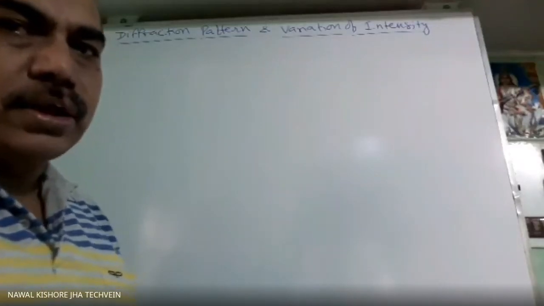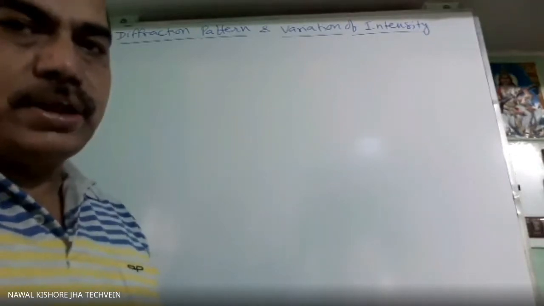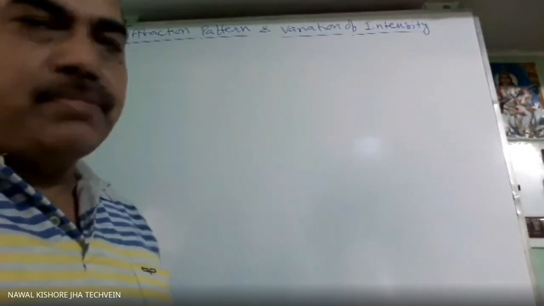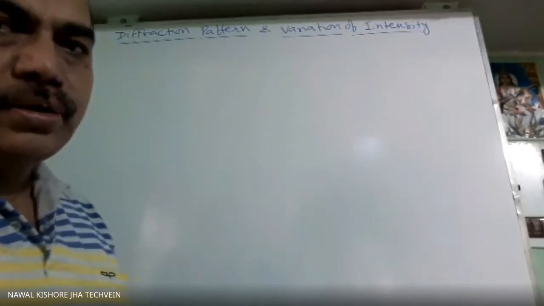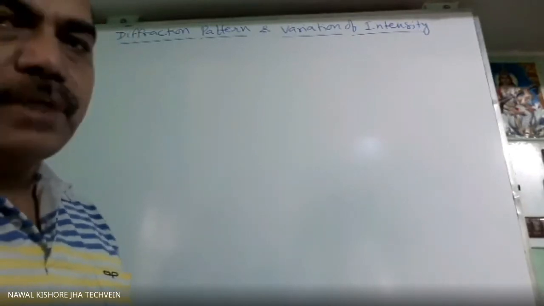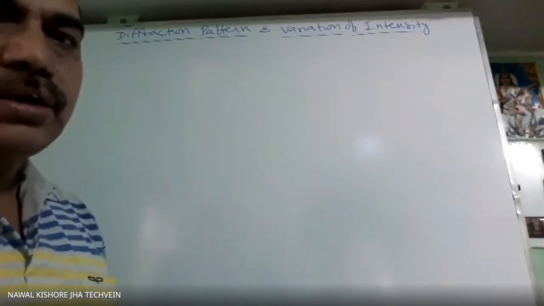And what are the conditions for minimum? That is, at any point of the screen, we will get maximum or minimum. That will depend on which wave is superimposed, which superimposition you are considering. What is the angle theta?